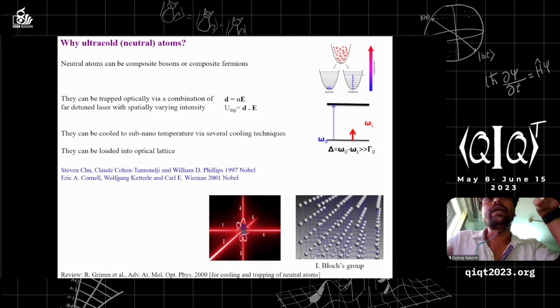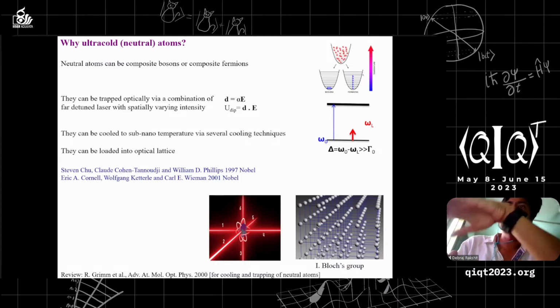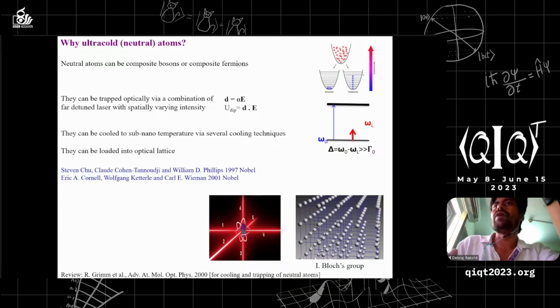With this spatially varying intensity, you can actually capture the atoms. And obviously, they can be cooled to very low temperature, sub-nano temperature, which is very close to the physics going on at zero temperature, and that's where we are mostly interested. Then we can look into these interesting physics. Okay, I'll move to the next slide.